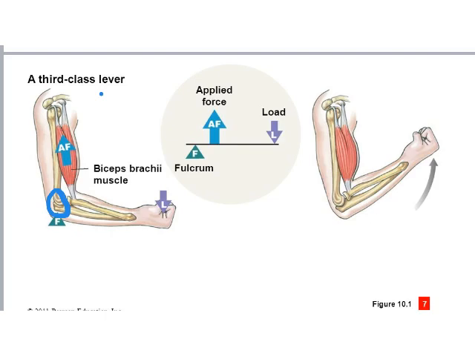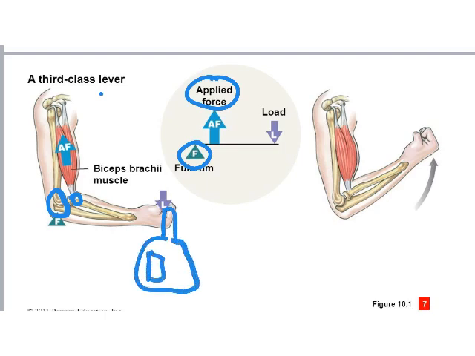Because the biceps brachii muscle attaches right here distal to the elbow joint, you're going to see that the applied force is just distal to the fulcrum. And because of whatever we're lifting, maybe it's a bag of groceries he's got here, maybe there's some canned corn and some chocolate creamer or something, he's got to lift this bag, that's the load, and the load is pulling down, right?